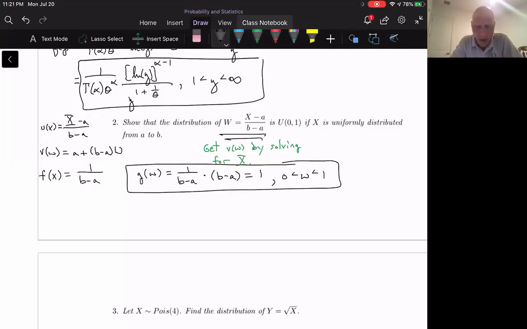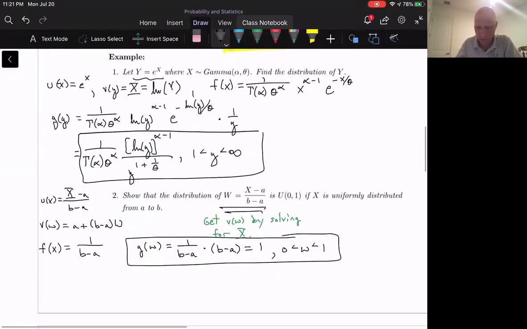And this is a uniform 0 to 1 distribution. So far, so good?